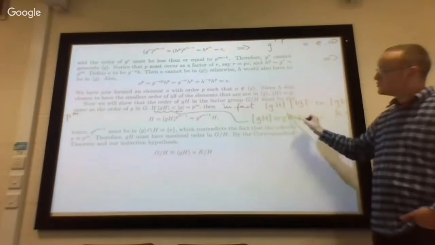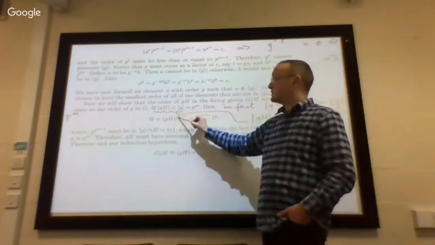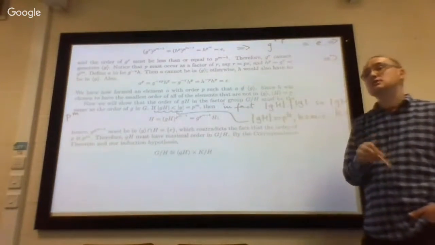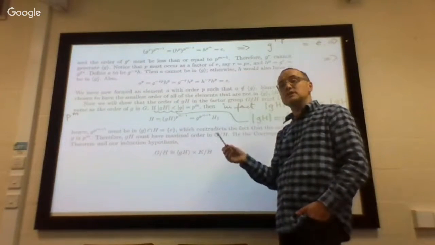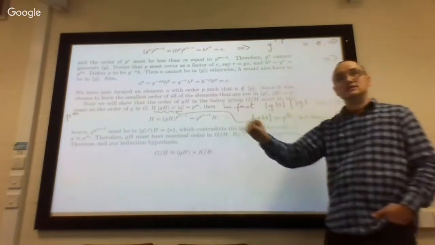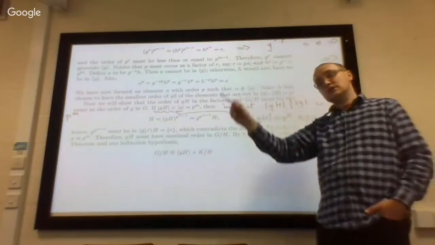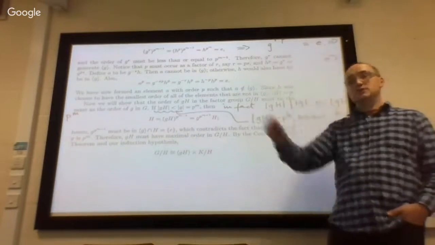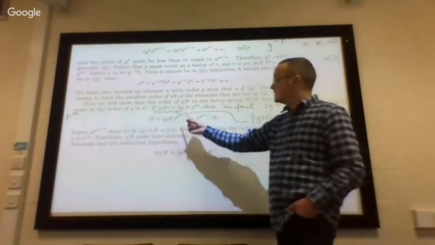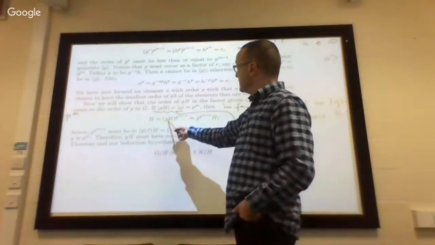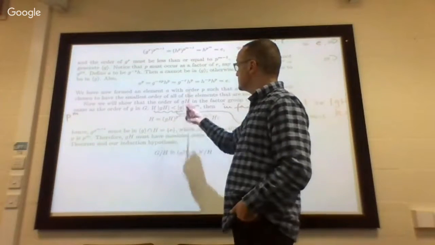But if k is even smaller, then p^(m-1) is a multiple of its order. And when you raise an element to a multiple of its order, it's going to be equal to the identity, because you're raising it to a power that brings it back to the identity, and maybe a multiple of that. So you're always arriving back at the identity. So the power of this element gH must be the identity.